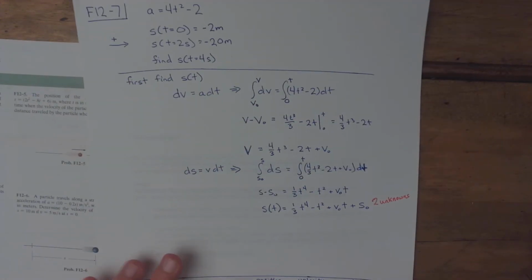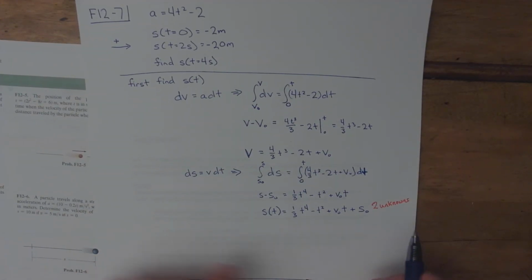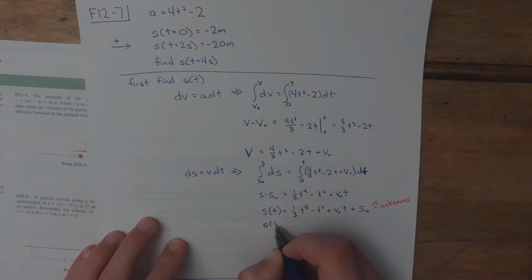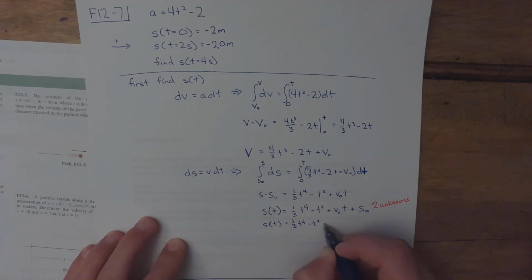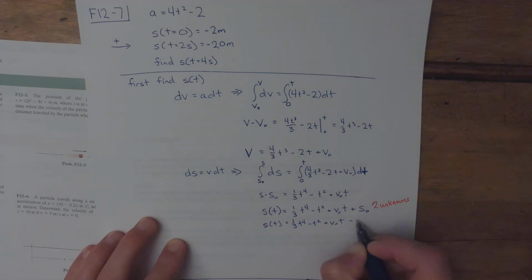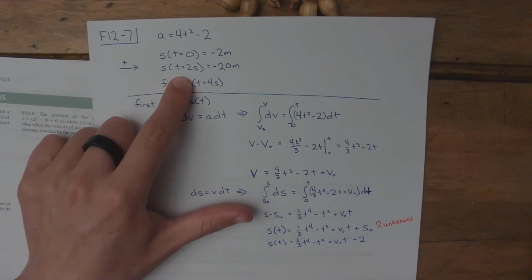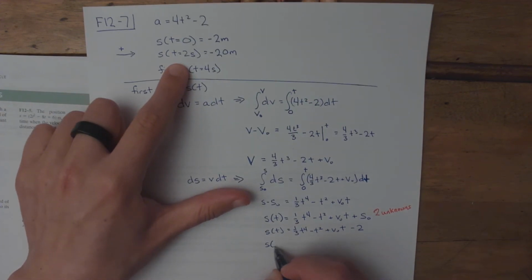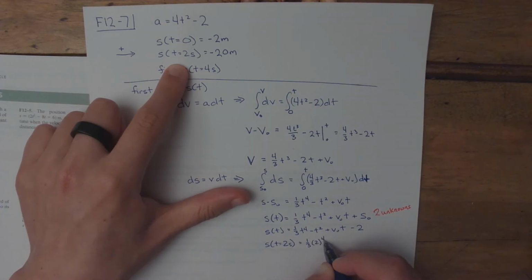Okay, so let's rewrite the equation with a negative 2 for s naught. So that's minus 2. And then I can find v naught by saying when time is equal to 2 seconds, I have 1/3 times 2 to the 4th minus 2 squared plus v naught times 2 minus 2.